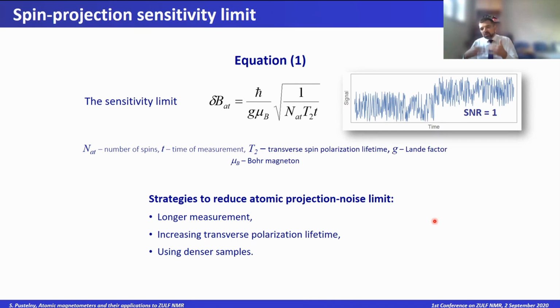You are constantly pumping the system, right? So you're renewing your situation. So you can think about it as repeating a measurement over and over again. So if you replace this time by a number of measurements, it will be true too, right? So this is not that you are observing a decay time and then you are observing 0. No, you are repeating and repeating. You keep your resonance, you keep your oscillating signal all the time. Yeah, I see. Thank you.